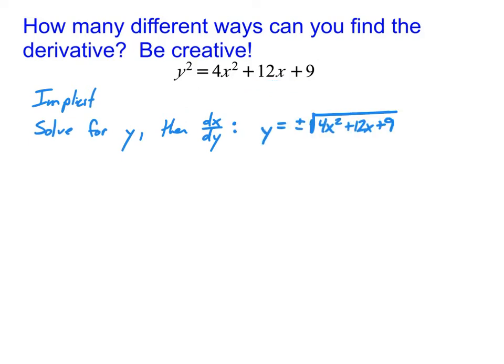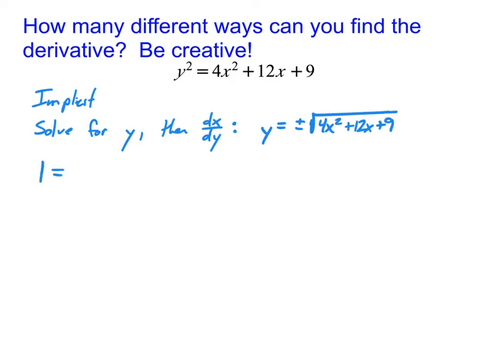So I've started to see a few more creative options coming up here. Like I've seen some of you where you've thought, well, maybe I can just move this y squared over to this side. And so I've seen some of you where you've divided both sides by y squared, in which case you're actually doing, I'll just write it this way.